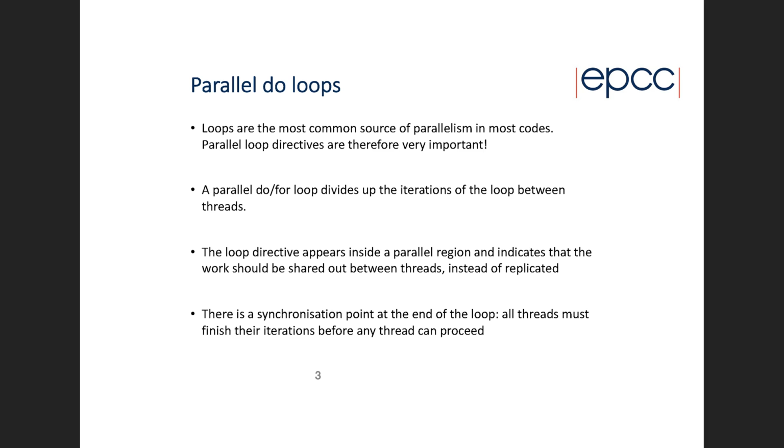There isn't a corresponding synchronization point at the start of the loop. So as soon as any thread reaches the parallel loop, it can go ahead and start executing its iterations, regardless of whether the other threads have also reached the start of the parallel loop.